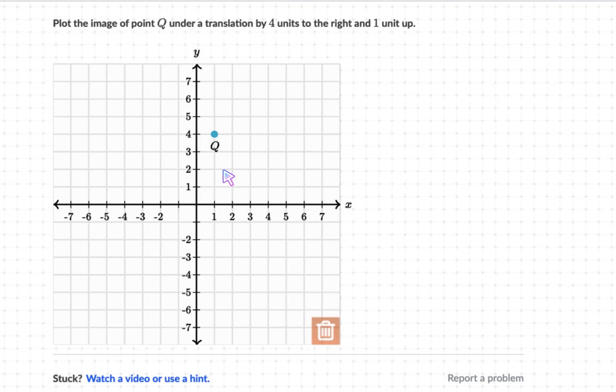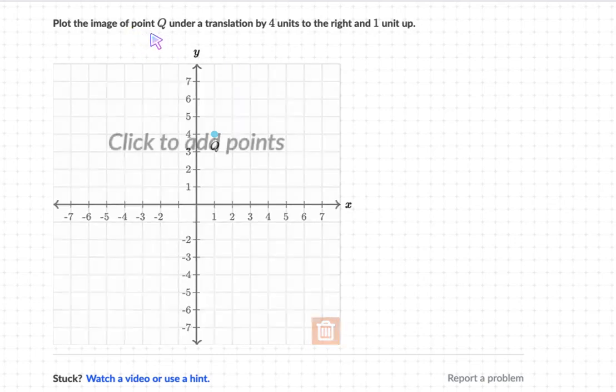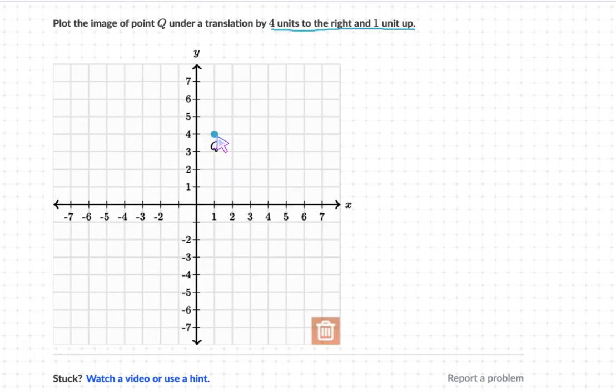So in this problem, they're telling us to plot the image of point Q under a translation by 4 units to the right and 1 unit up. So you are going to take that original point and you're going to go 4 units to the right, 1, 2, 3, 4, and 1 unit up.